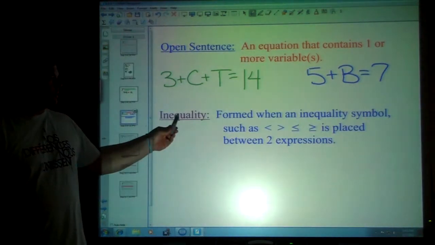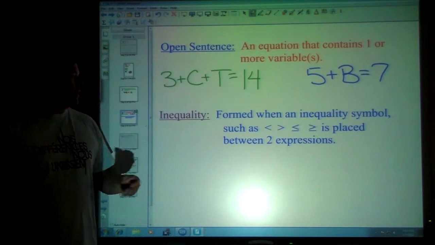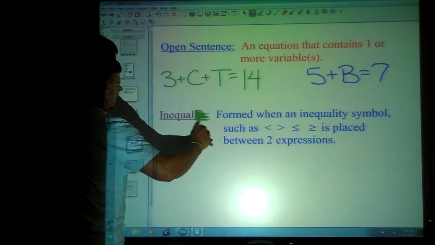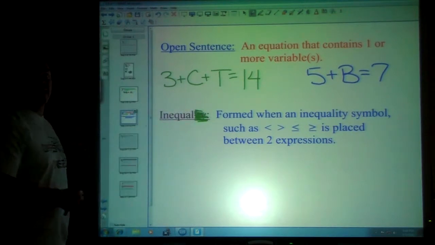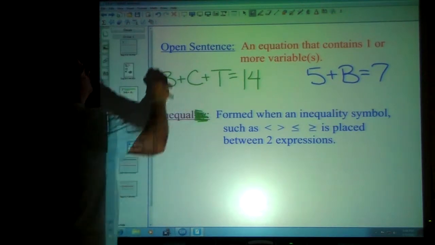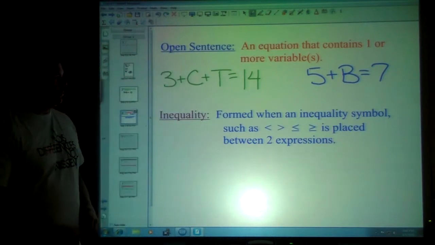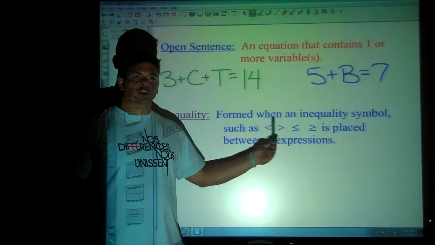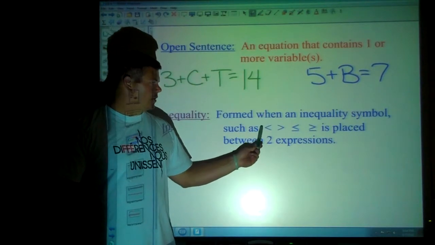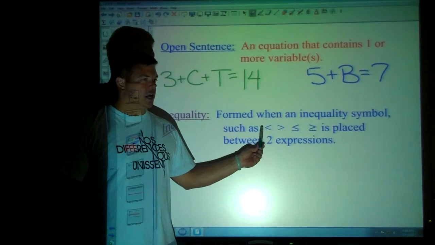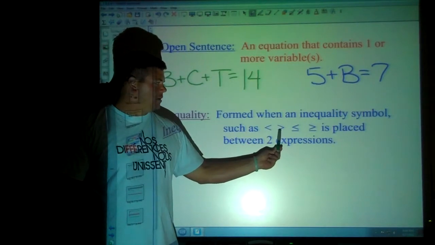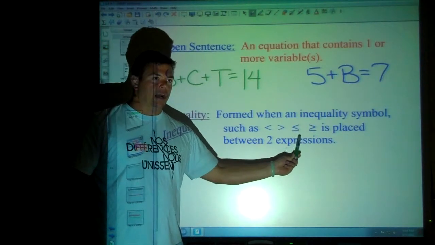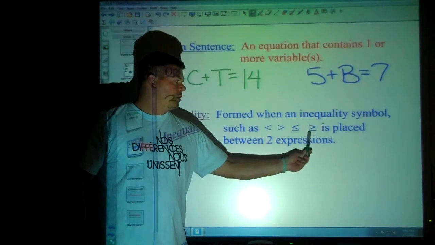An inequality. Now inequalities are not equal, they're unequal. If you look at this word without the "in" on it, unequal sounds a lot like not equal. So inequalities are formed when an inequality symbol, which we always read from the left side of the symbol to the right, is placed between two expressions: the less than sign, the greater than sign, less than or equal whenever it has the line underneath it, and greater than or equal.